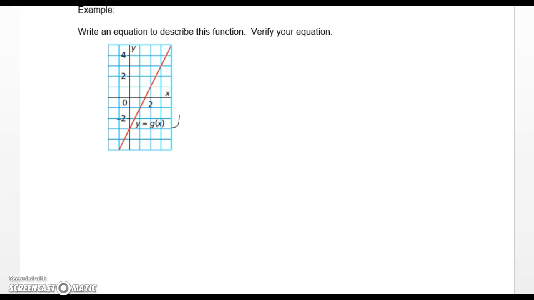When we're writing an equation to describe a linear function, we can always write it as y is equal to mx plus b. We want a number for our m value and one for our b value, and otherwise we'll just leave x and y as they are.